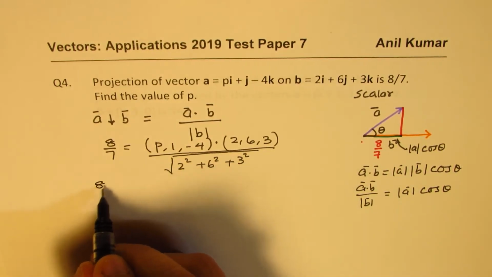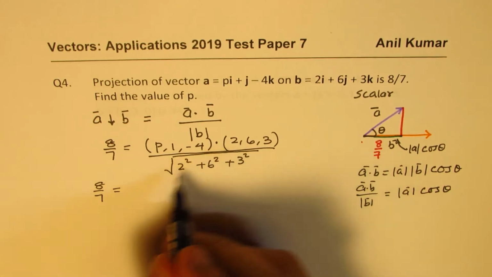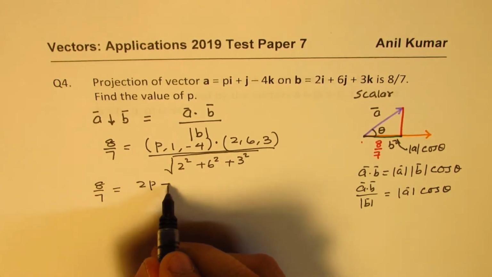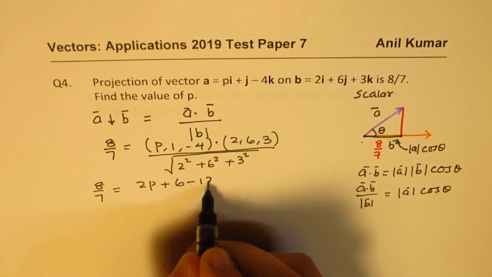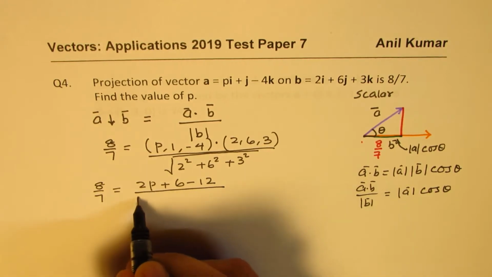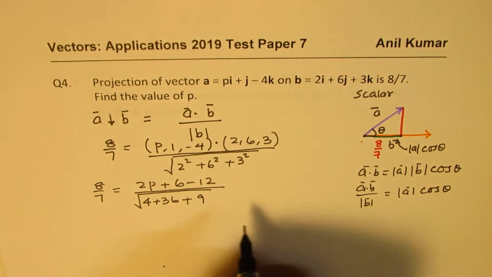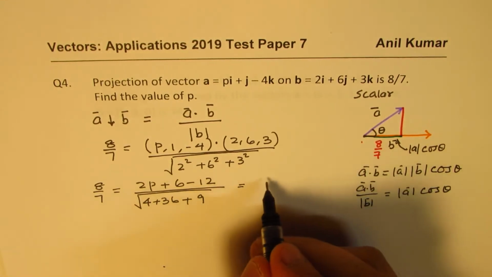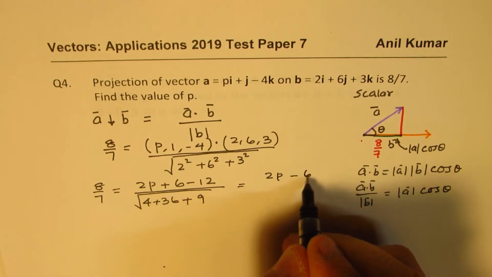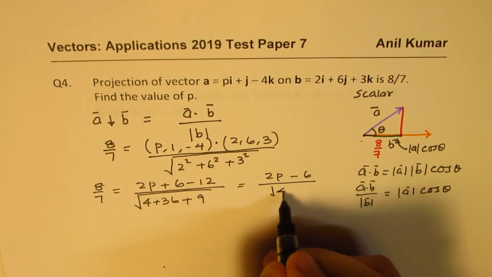So we get 8 over 7 equals 2p plus 6 minus 12 divided by square root of 4 plus 36 plus 9. So that is 49. So we'll write this as 2p minus 6 divided by square root of 49.